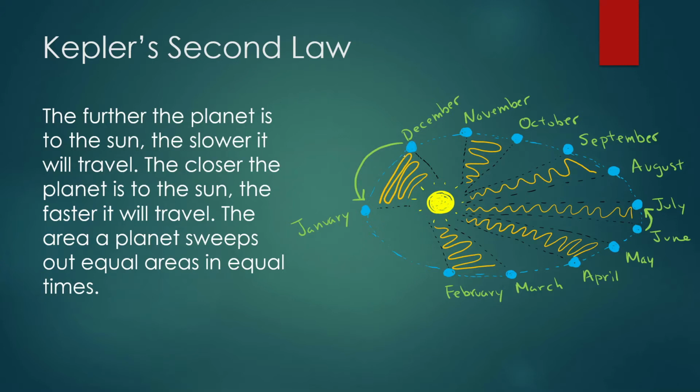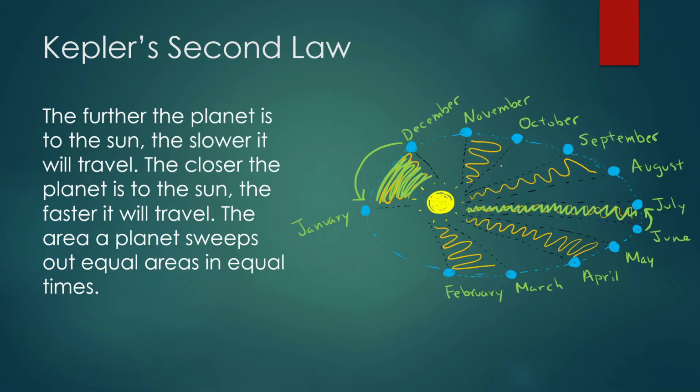However, if you were able to calculate the area under the curve using some calculus, we would see that this area would still be the same. So every month, as you can see here from July to August, August to September, September to October, the planet's always going to be going at a different speed, but the area within the given time period is pretty much going to be the same.